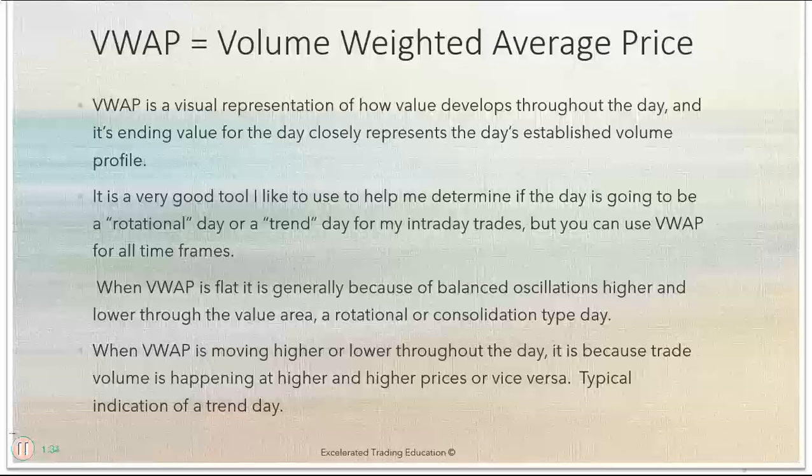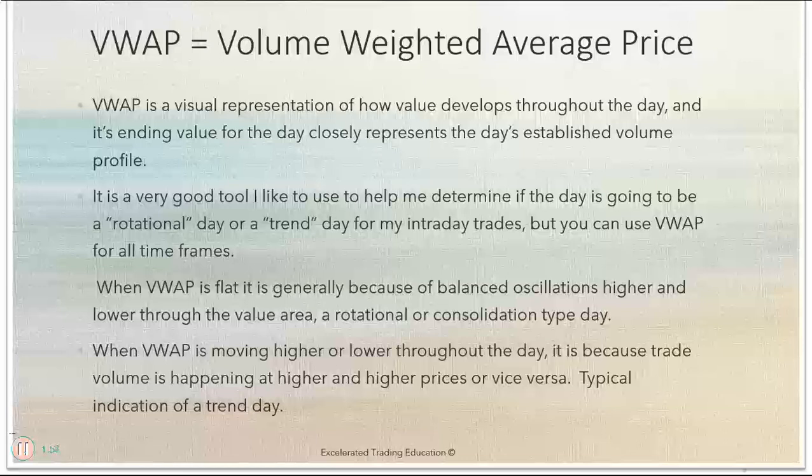When VWAP is flat, it is generally because of balanced oscillations higher and lower through the value area, a rotational or consolidation type day, as volume is sold when it gets above it and bought when it gets below it, right? Creating that churn.